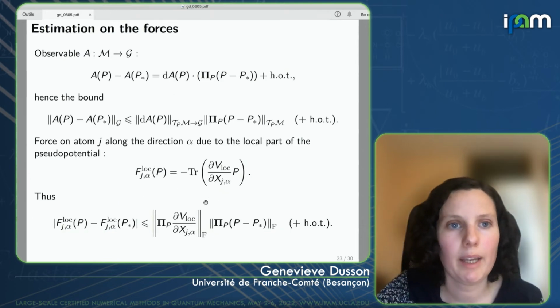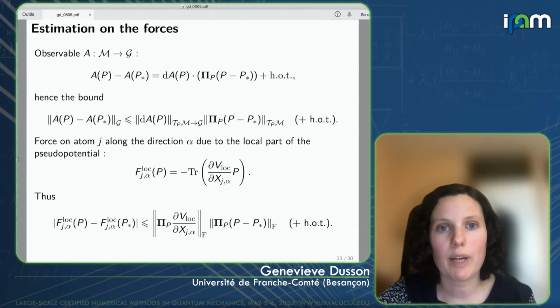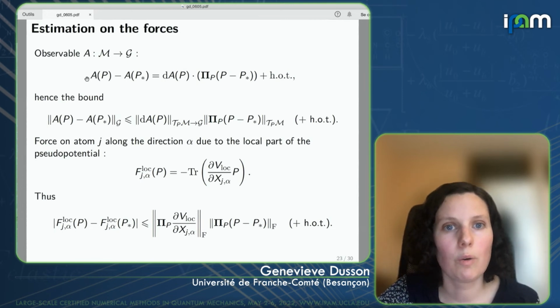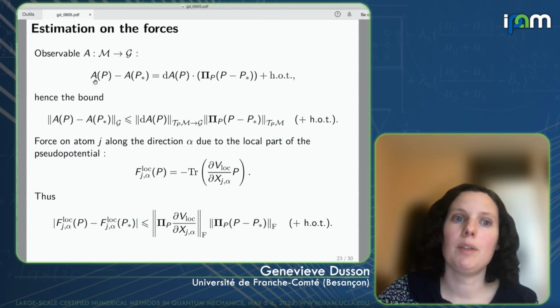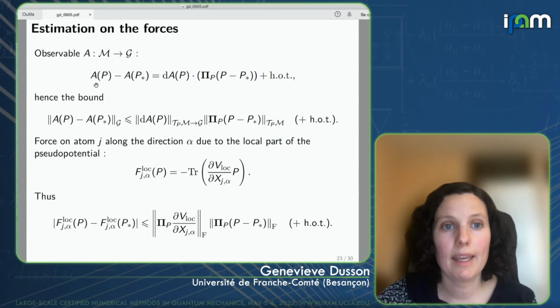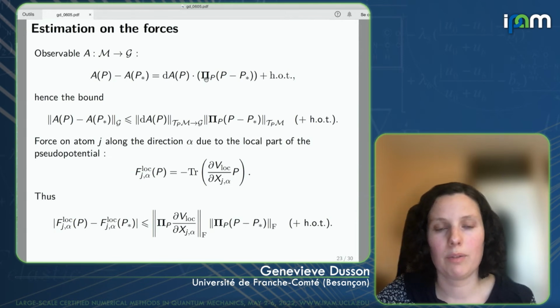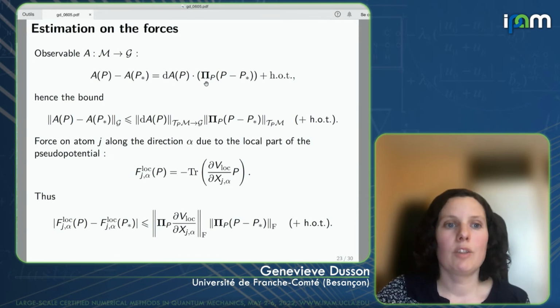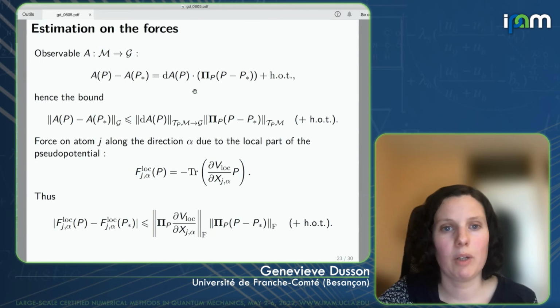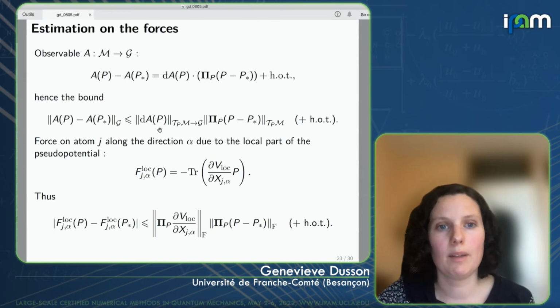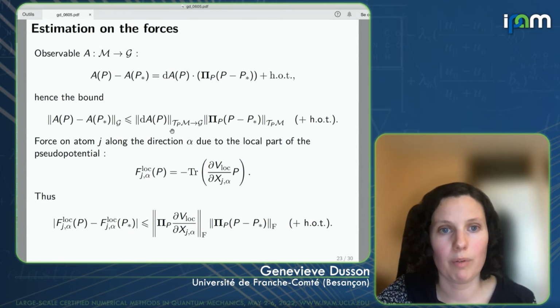If I go back to the abstract estimation, the error on the observable A between the approximate solution and the exact one, at first order, will be the differential applied to the error. We can write, similarly as before, a bound where we take out the norm of the Jacobian times the error.